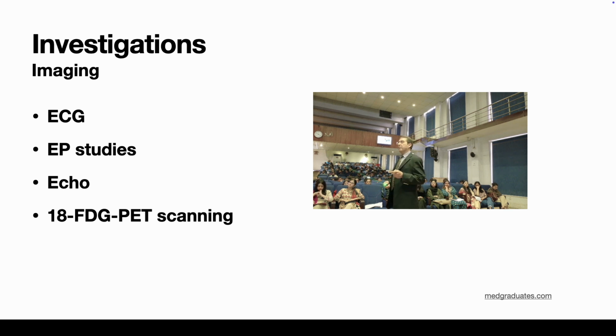So this FDG, once it gets into the cells, it cannot be metabolized, and the PET scan can detect it. So if you've got a cell which has a high glucose turnover, for example, a malignant cell, or if there is an inflammatory lesion, the consumption of glucose by these cells is more, so more glucose enters these cells, but this FDG cannot be metabolized by the normal hexose pathways.